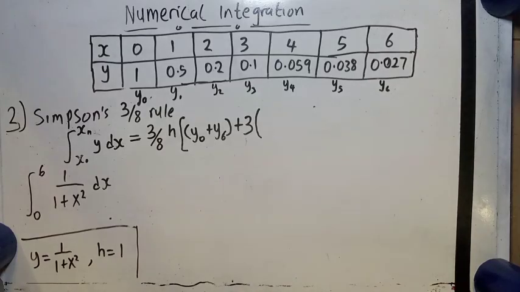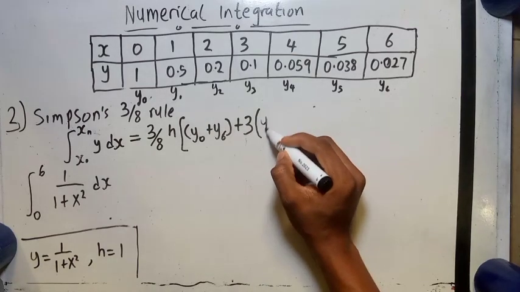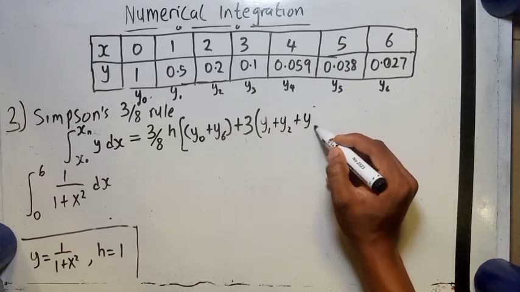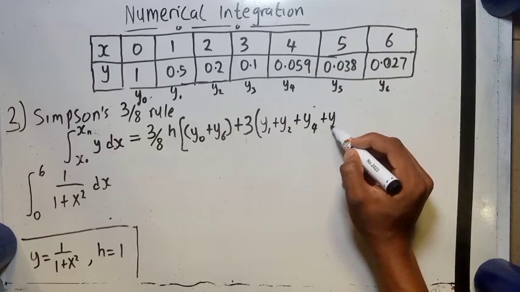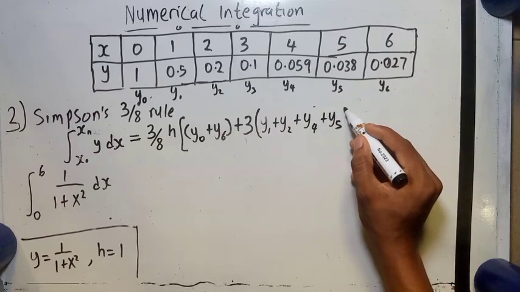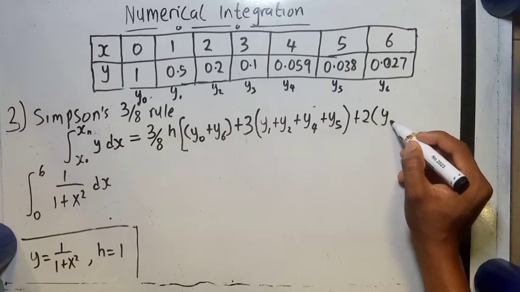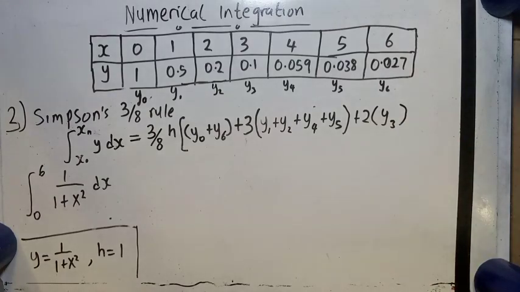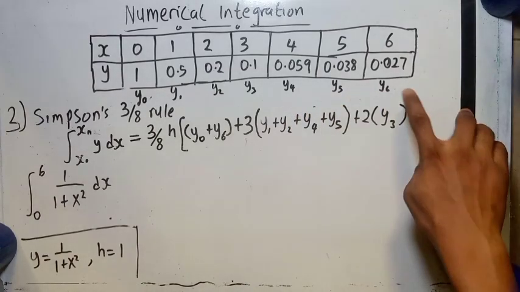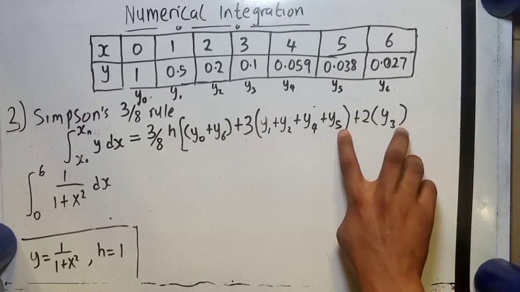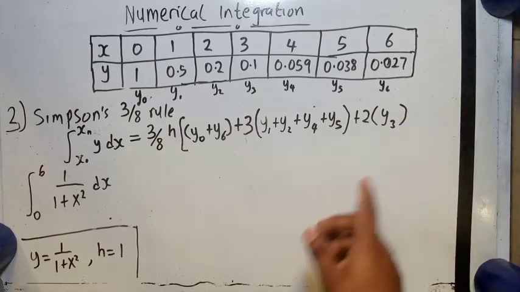So that means you're going to be having y1 plus y2 plus y4 plus y5, then plus 2 multiplied by y3. If this was longer, we would have selected plus y6 here, and we'll omit y6 from the first group.